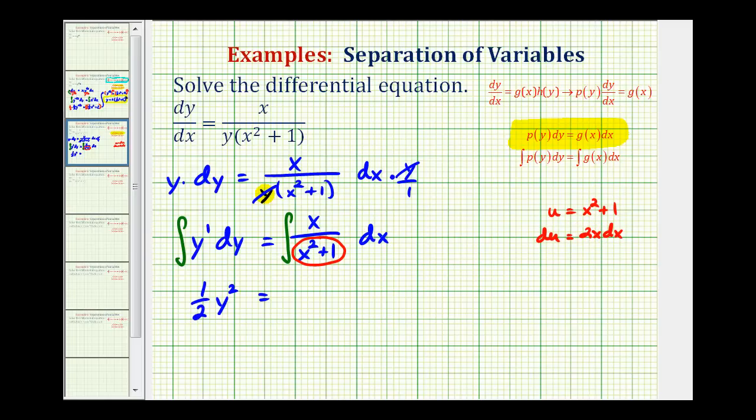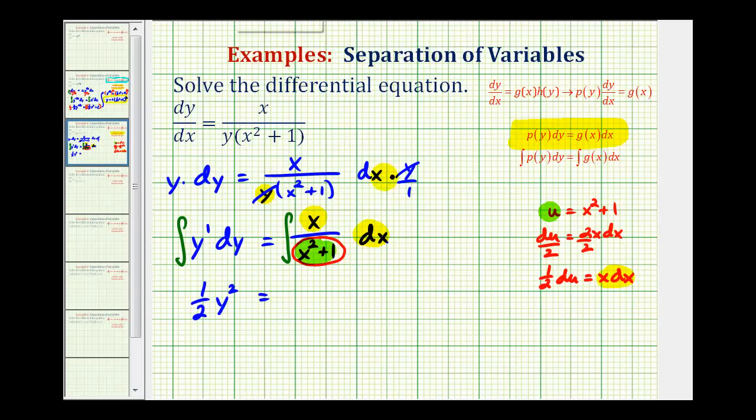But notice how our integrand only contains x dx if we're letting x squared plus 1 equal u. So let's go ahead and divide both sides of this equation here by 2. So we have 1/2 differential u is equal to x dx, which is now a perfect fit for our integral.